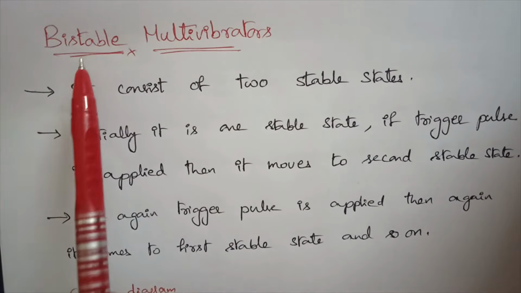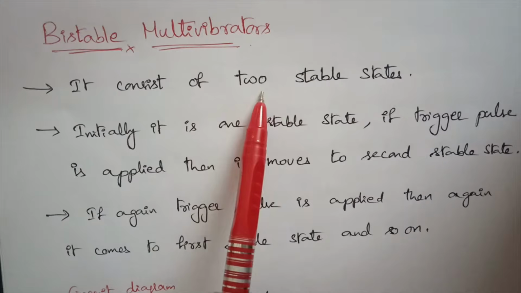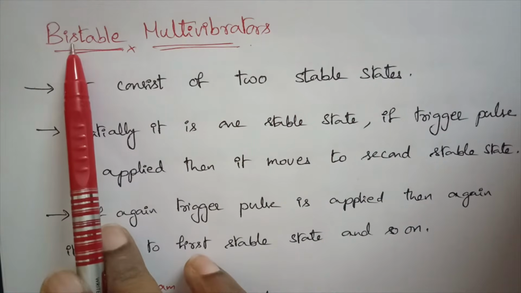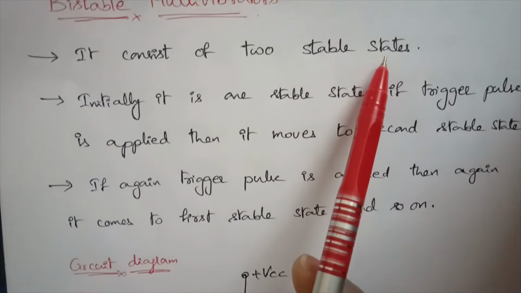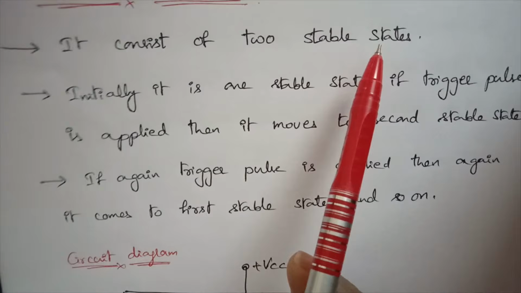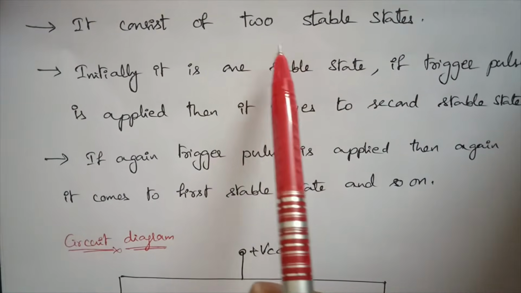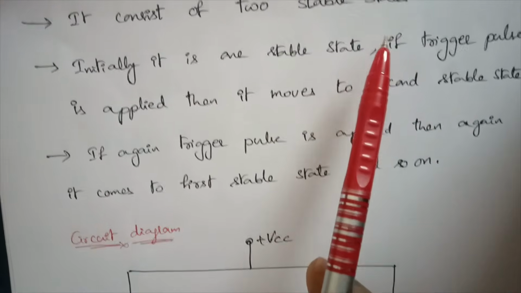Okay, now the topic is bistable multivibrator. It consists of two stable states. Bi means two, so it consists of two stable states. Here there are no quasi-stable states. That means to move from one state to another state, we need to apply a trigger pulse.